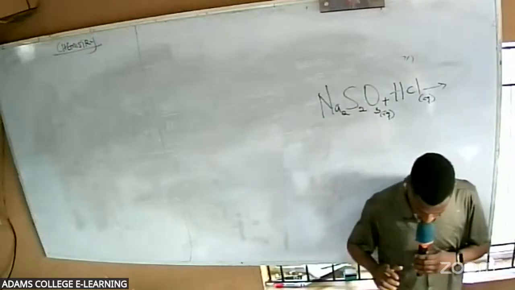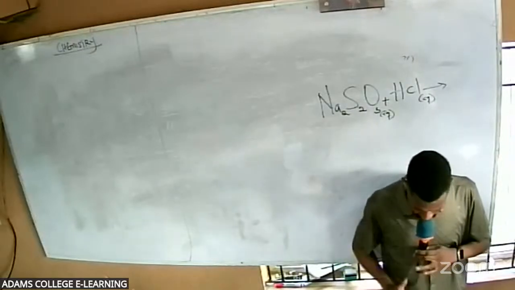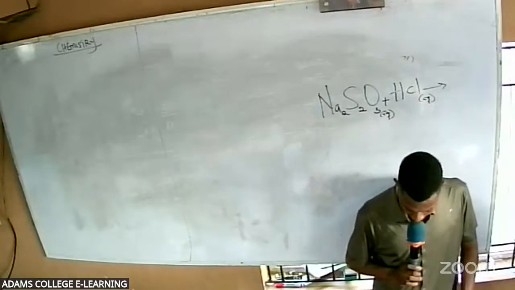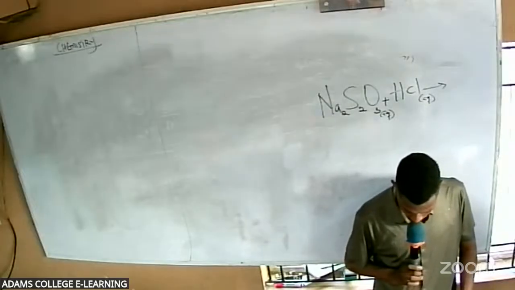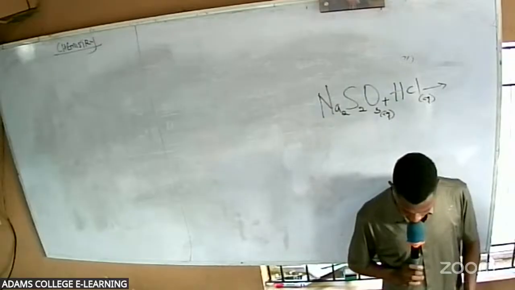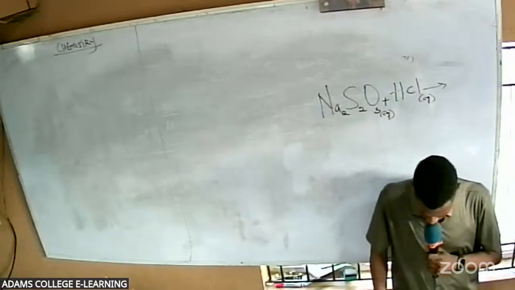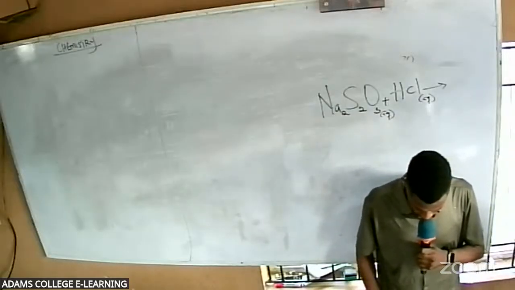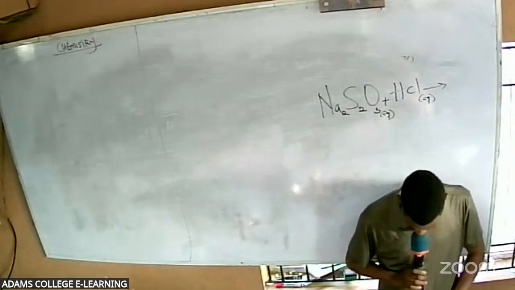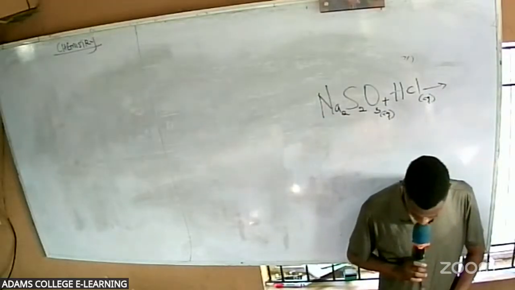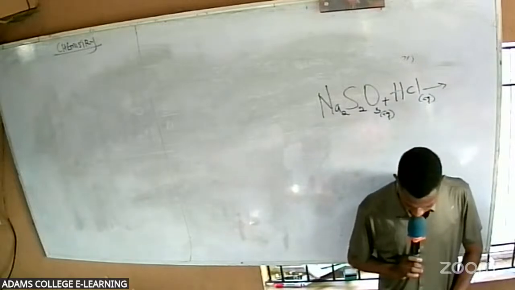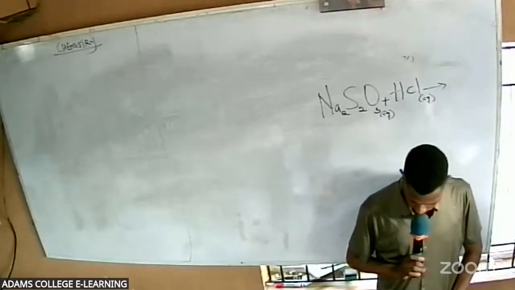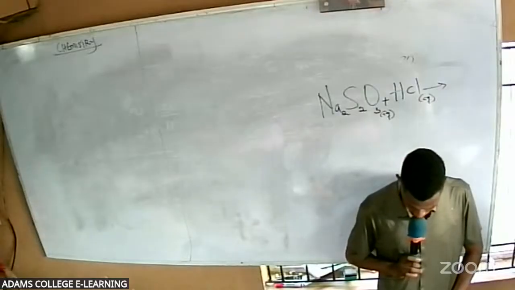Option B: an increase in temperature and a decrease in the concentration of the reactants. Option C: an increase in temperature and an increase in the concentration of the reactants.